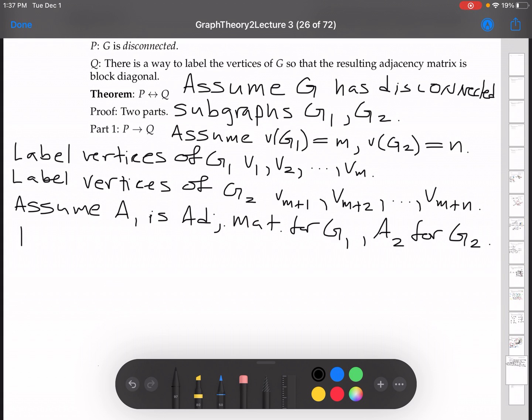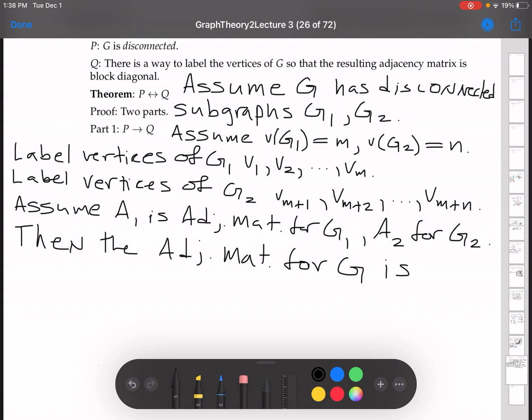All right, so then the adjacency matrix for the big graph G that has the disconnected subgraphs G1 and G2 is this matrix. I apologize, I meant to say matrix.